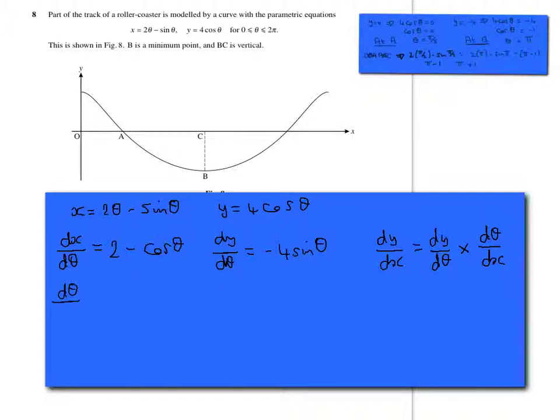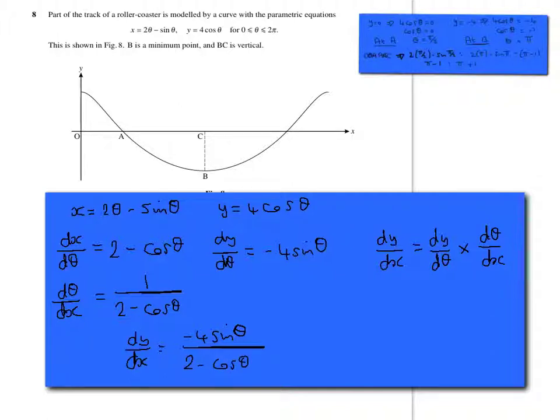So we want d theta/dx. Flipping it over, we end up with 1 over 2 minus cos theta. Now we can find dy/dx to be equal to minus 4 sin theta over 2 minus cos theta.